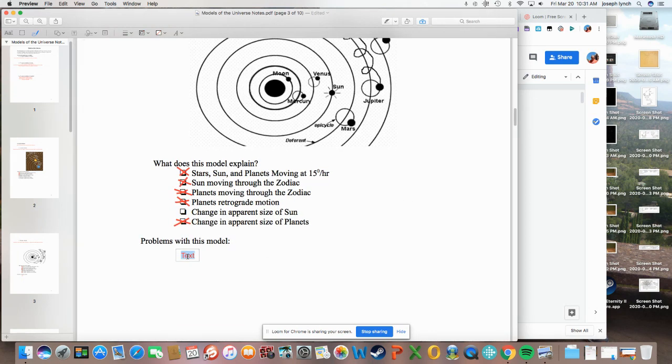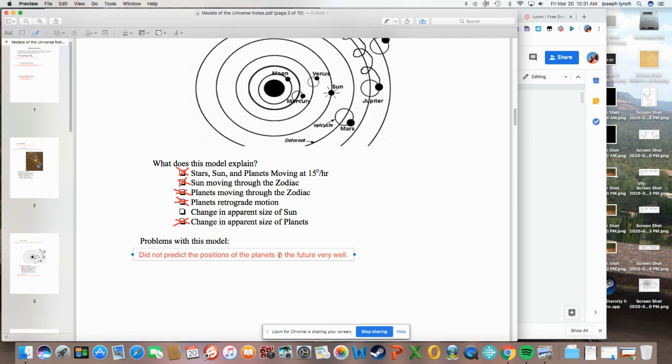Now, there were other problems with this model. It did not predict the positions of the planets in the future very well. Ptolemy might have been able to tell you where the planets would be in a day or two, but he wouldn't be able to tell you where they would be in several years.